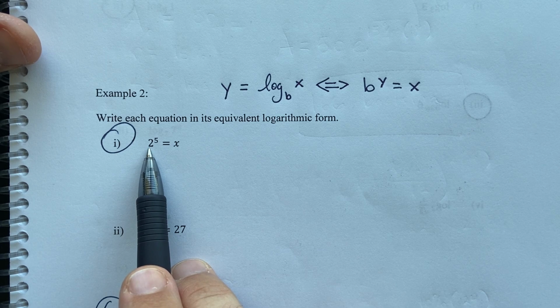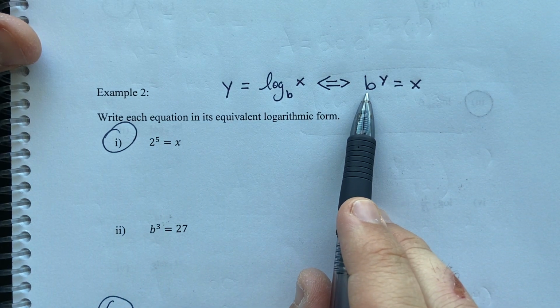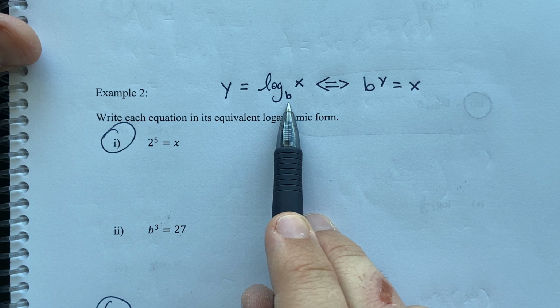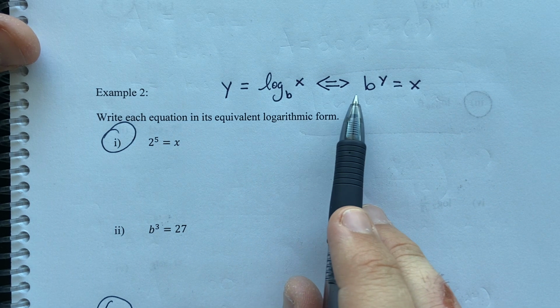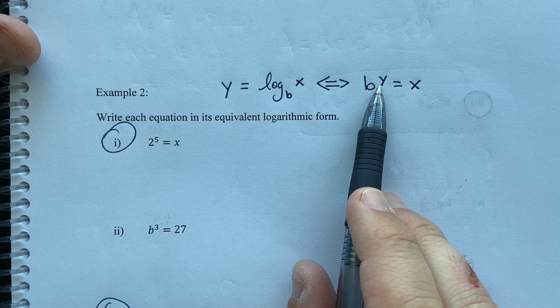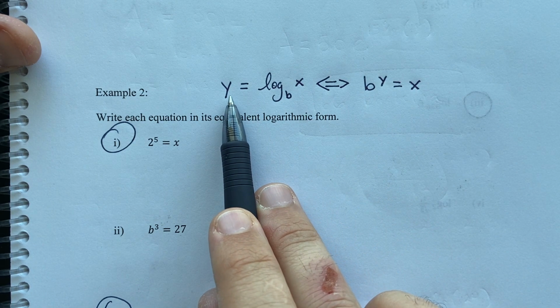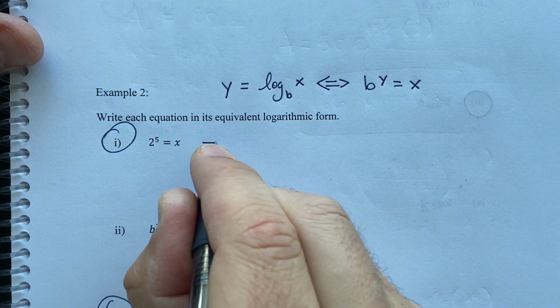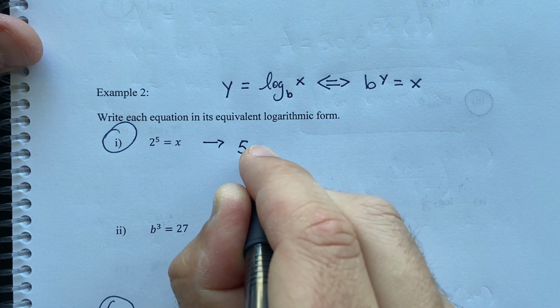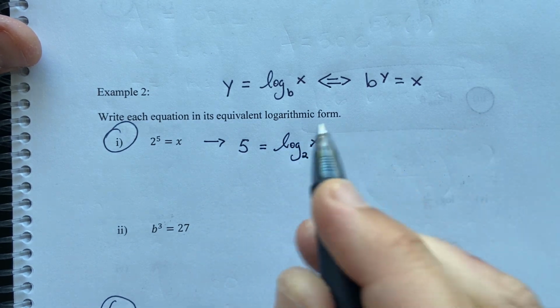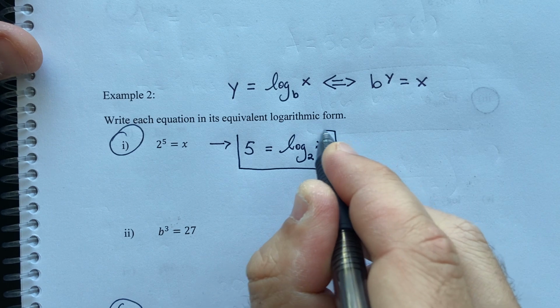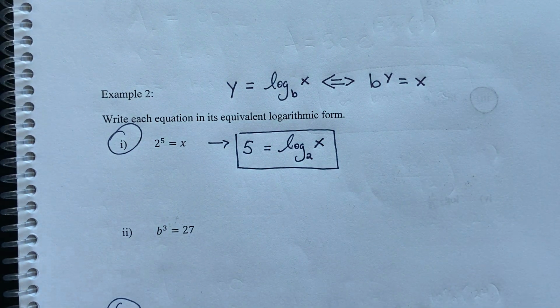So that base of the exponential becomes the base of the logarithm, right? So whatever b is here becomes the base on the logarithm. Whatever the power was is what the logarithm is equal to. So I'd have 5 equals log base 2 of x. That would be the logarithmic form of this.